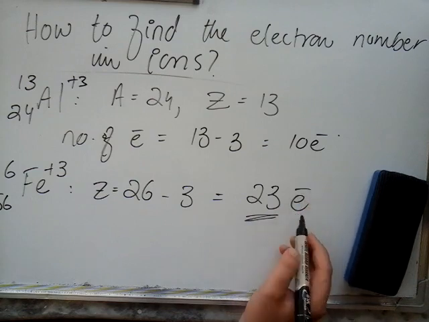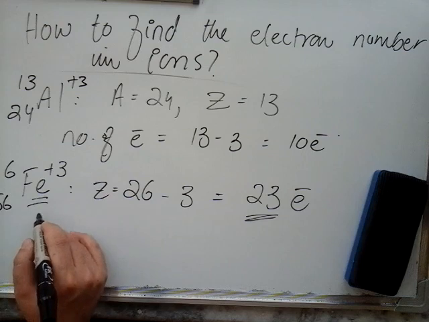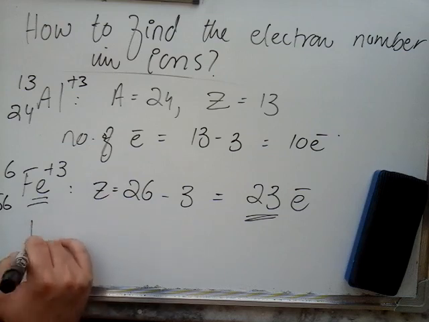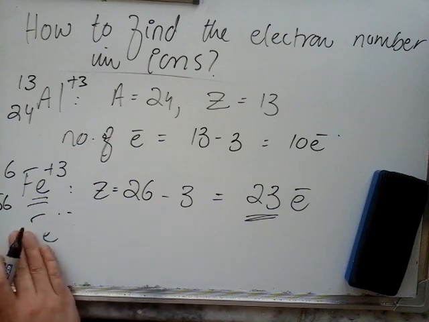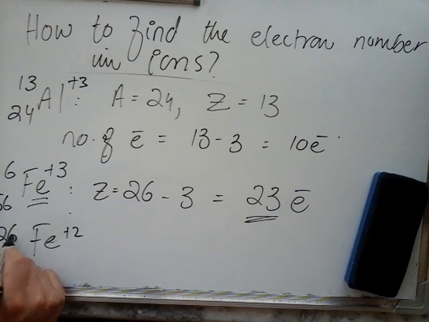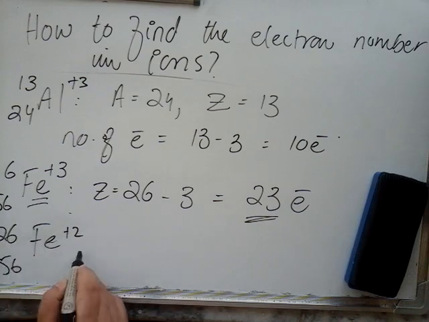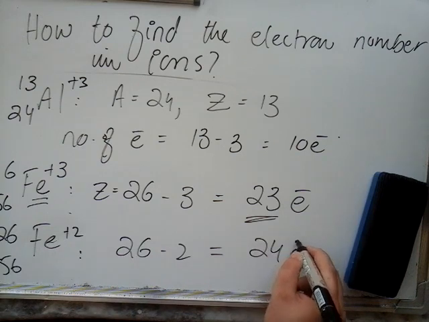If for example Fe plus 2, then what will we do? Fe plus 2 charge, 26 is the atomic number and 56 is the mass number. So 26 minus 2, it comes out to be 24 electrons.